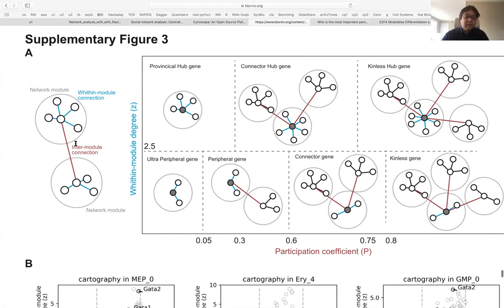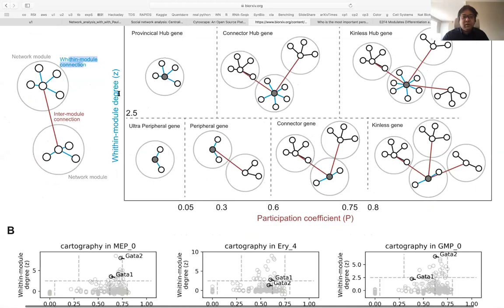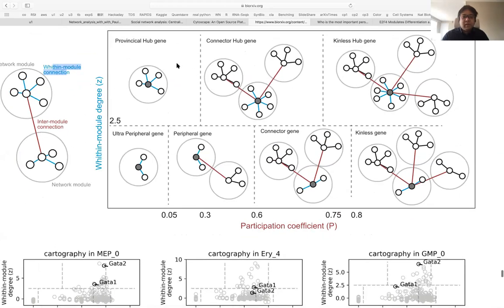First we calculate the network modules. For example, here we have two network modules, and we calculate the number of edges inside the network module, and we also count the number of edges between the modules. Based on these two scores, we make a scatter plot, and we classify each gene into seven groups.